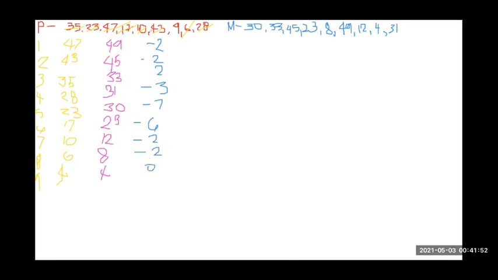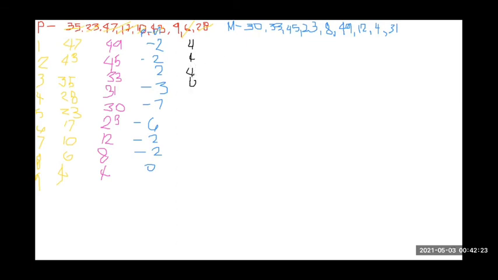This is P minus M. After that, we are going to square our data. Negative 2 squared is 4. Negative 2 is 4. 4.